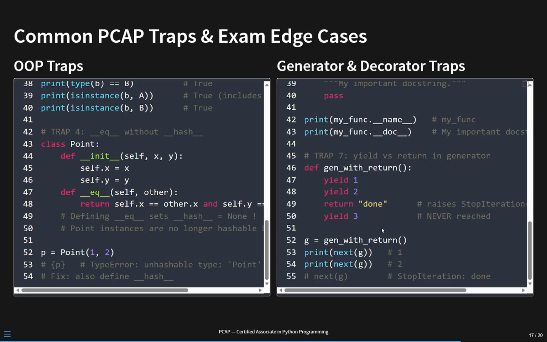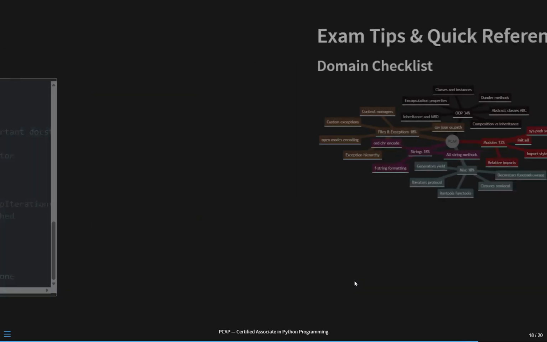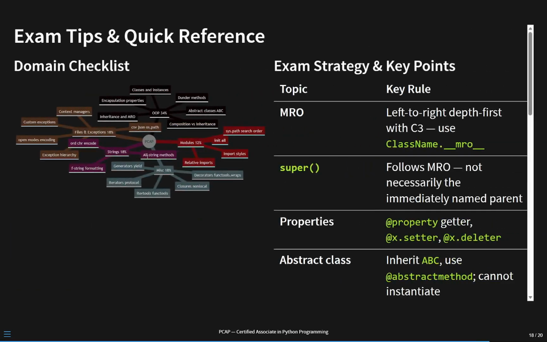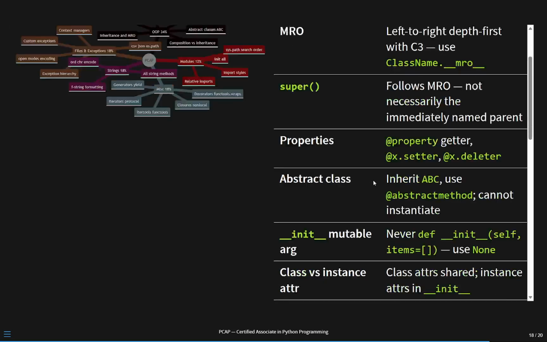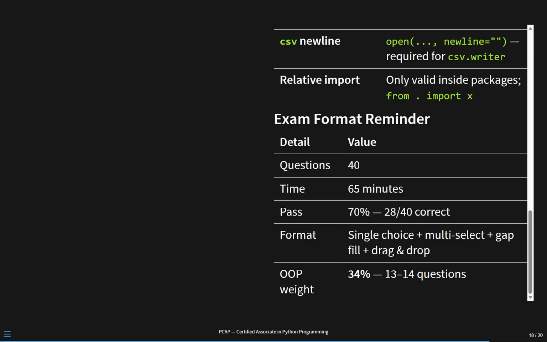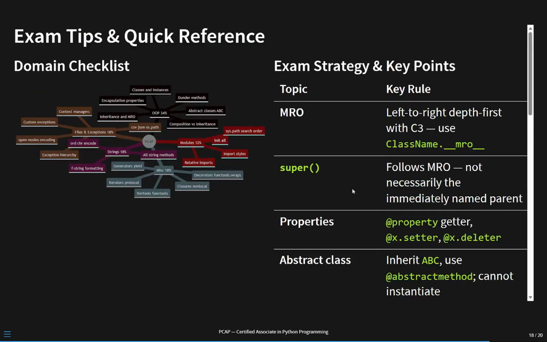Next, let's lock in strategy for exam day. The mind map shows the 5 domains and what's inside each. OOP at 34%: classes, inheritance, MRO, encapsulation, properties, dunder methods, abstract classes, and composition. Strings at 18%: every method, f-string formatting, ord, and chr. Miscellaneous at 18%: closures, decorators with functools.wraps, generators and yield, the iterator protocol, itertools and functools.